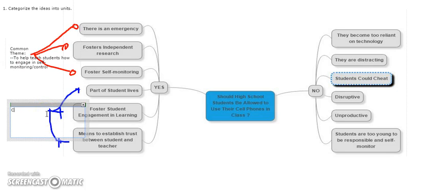So my common theme here is that use of cell phones enhances the learning environment. Okay. So I have two broader concepts that then I might base my outline on.